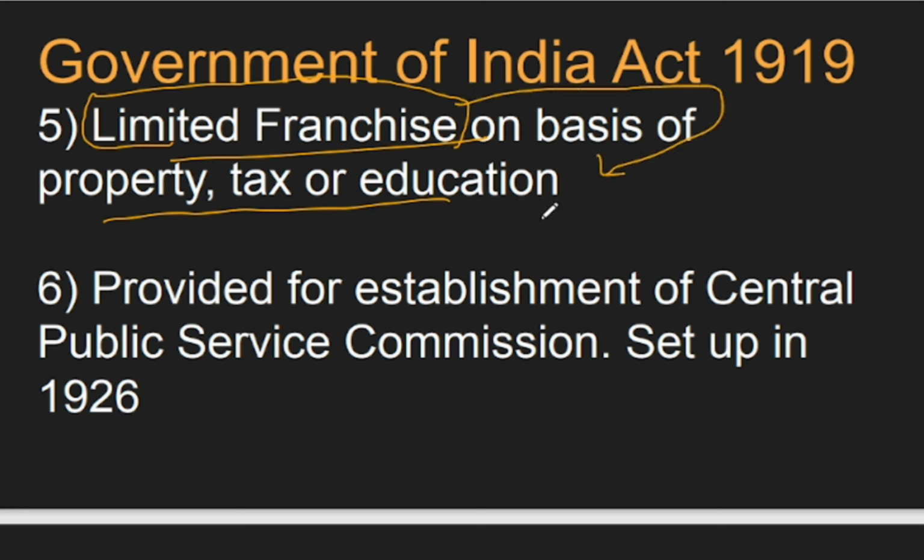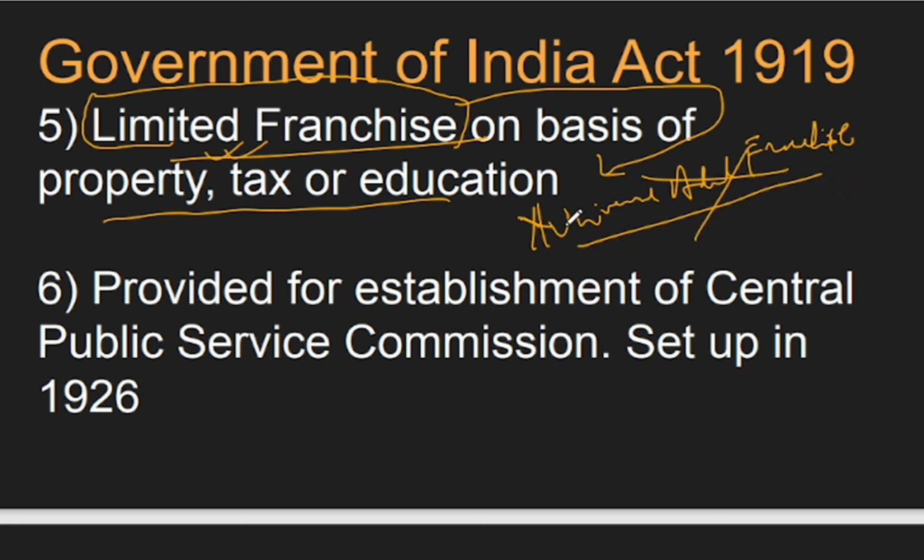So it is wrong. Here it is saying limited franchise. Limited franchise came on the basis of property tax or education, not universal adult franchise.